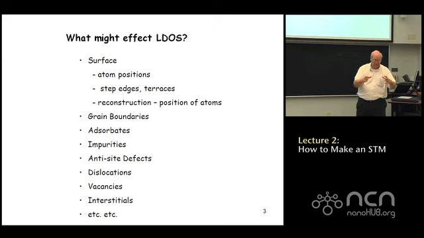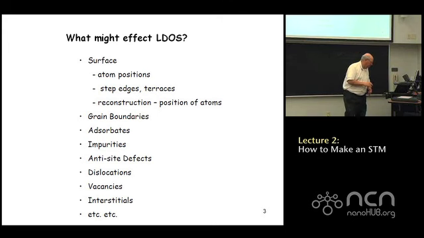They go to a different location to minimize energy. That's referred to as reconstruction. You can start to look at grain boundaries, adsorbates, impurities, defects, dislocations, vacancies, all these things which you could not access prior to scanning tunneling microscopes now become accessible using this technology that we call an STM.